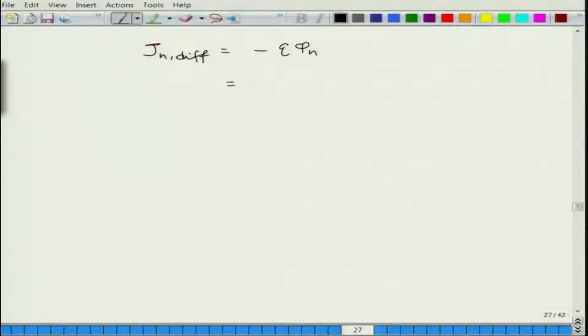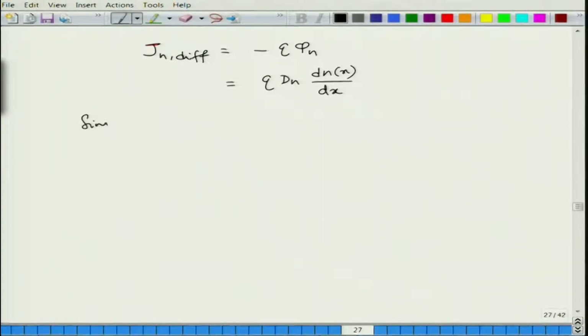So, if we put that phi value, we get q into D n times the gradient of the electron concentration.